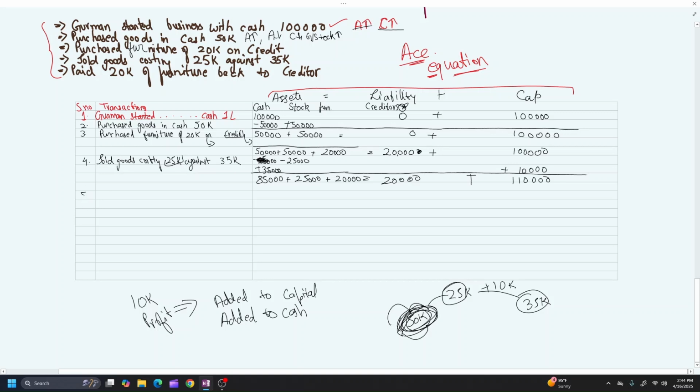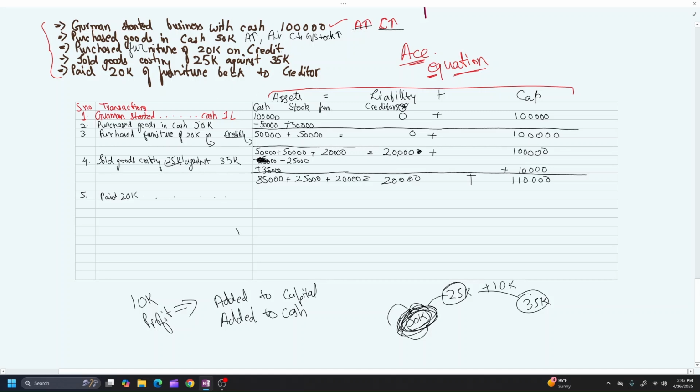Now the last equation, paid 20k back to the creditor. So in this case, where is my cursor?